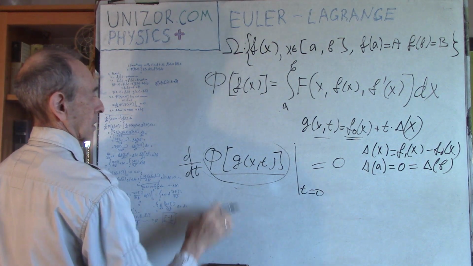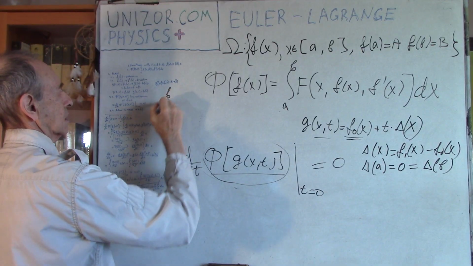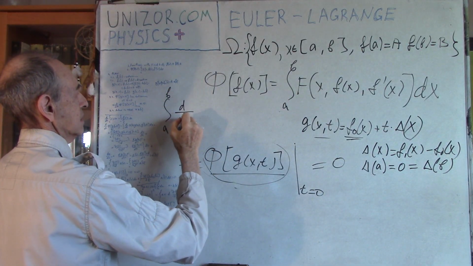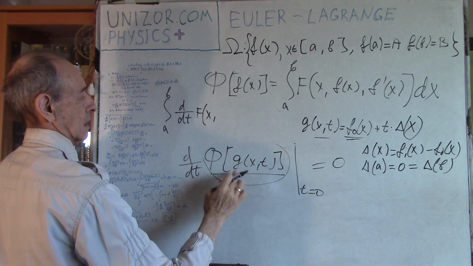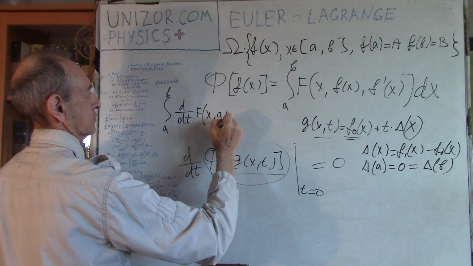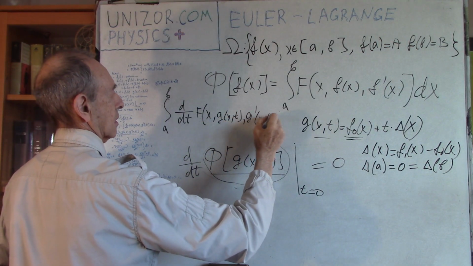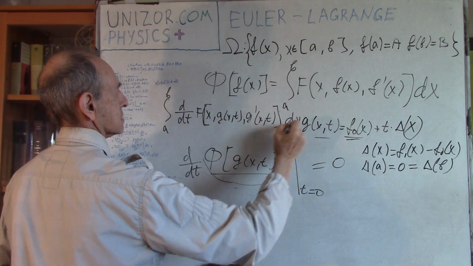So now I will have the integral from a to b and differentiation by t of f of x, g of x,t, and g prime of x,t, dx.